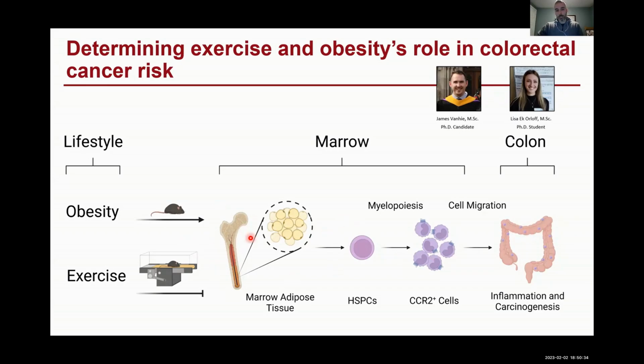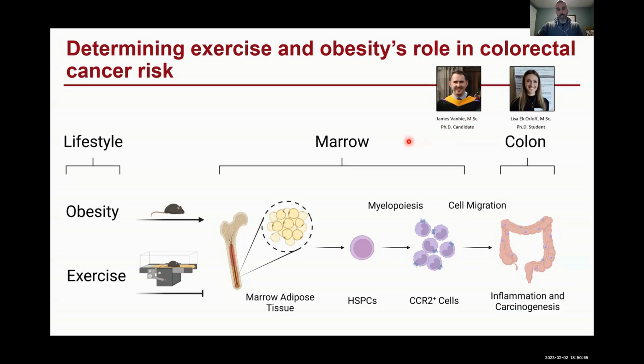On the other hand, we think regular physical activity or exercise can reverse this process, where we don't get this overproduction of inflammatory cells entering the colon, and reduce colorectal cancer risk.